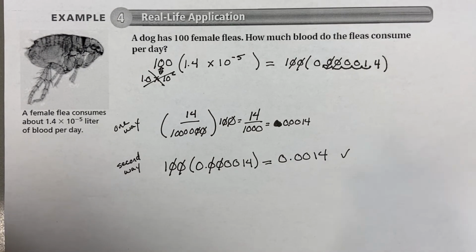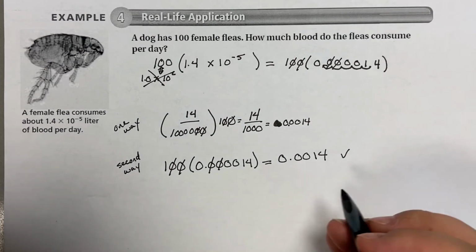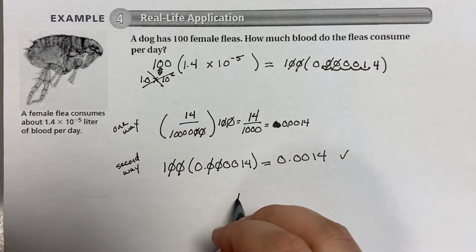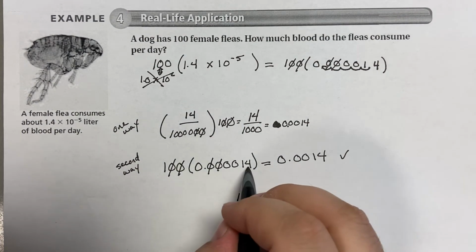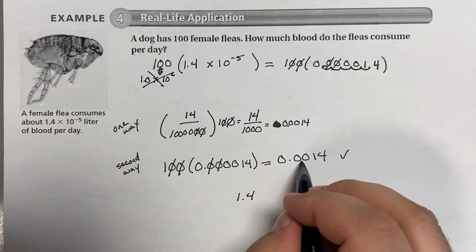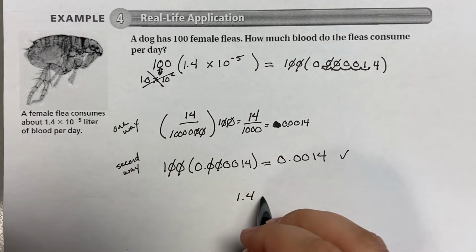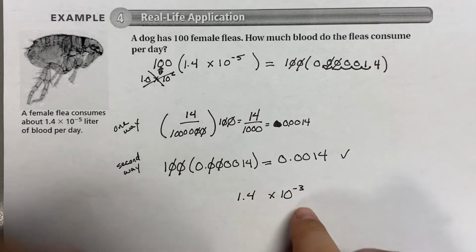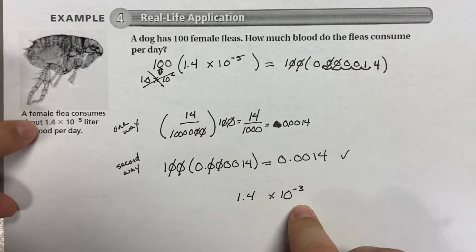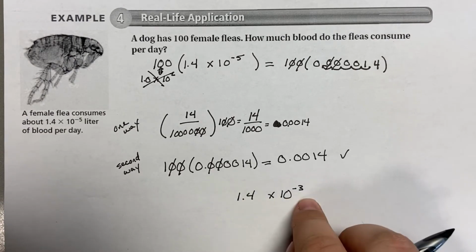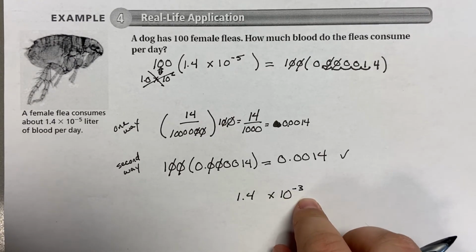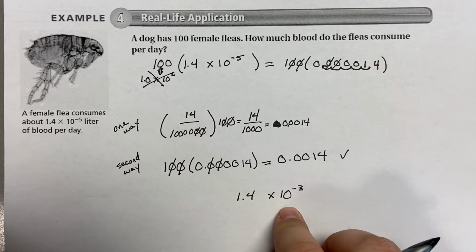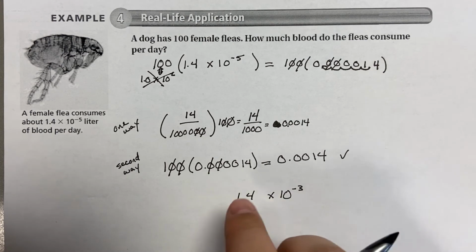It's going to consume about 0.0014 liters, or we could do 1.4, let's see, 1, 2, 3 times 10 to the negative third. Notice something about these two, by the way? We know that there's 1,000 milliliters in a liter.